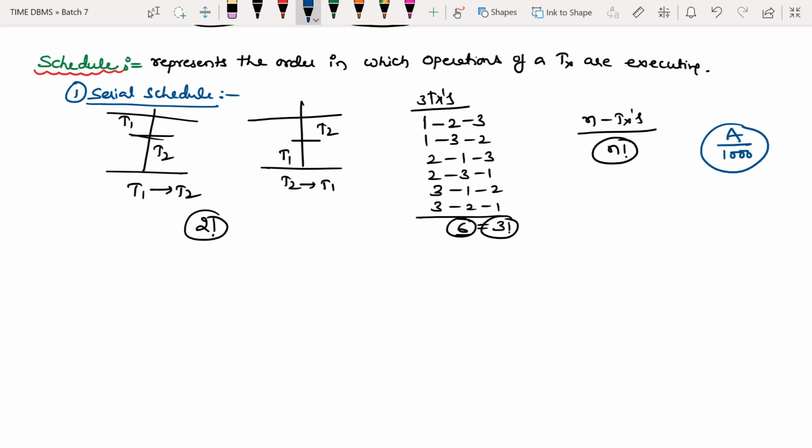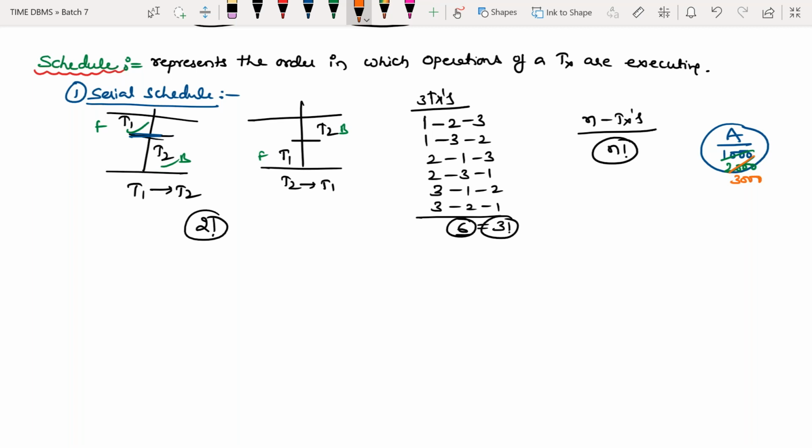Suppose these two transactions, F and B, execute serially, one by one. First the F transaction is executed: read A, 1,000 plus 1,000 is 2,000, write 2,000 to the disk. Once F is completed, B starts. Whether T1 is F and T2 is B, or the reverse, it executes serially. B reads 2,000 plus 1,000, 3,000, and writes 3,000 to the disk.